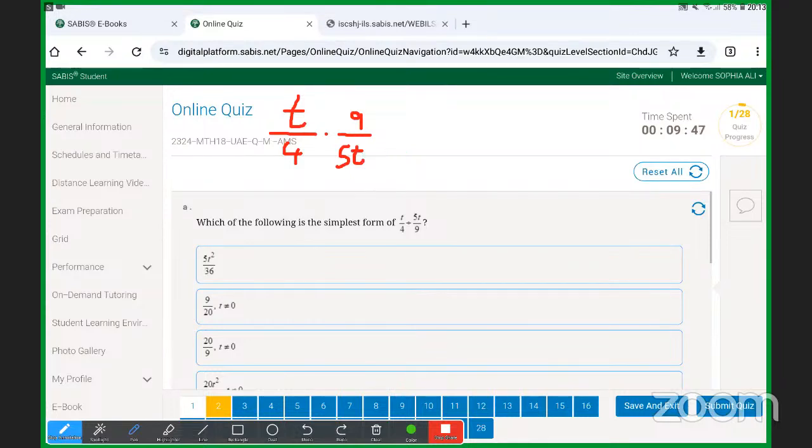Search for the variables. t and t. Exactly, t with t. So any common factor between 9 and 4? No. Any common factor between 9 and 5? No. Great. So 1 times 9 is 9. 4 times 5 is 20. So it will be 9 over 20.